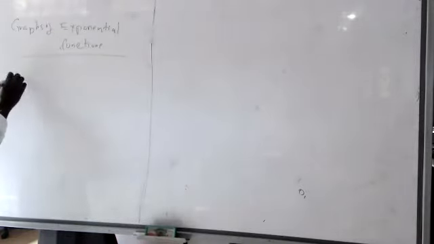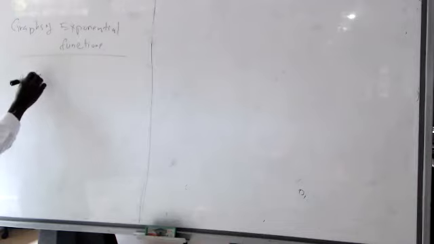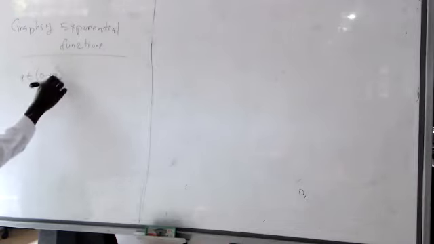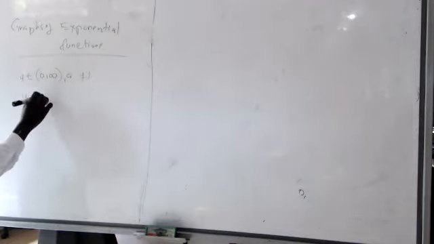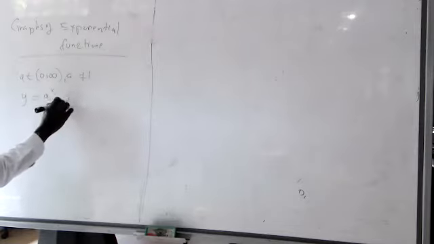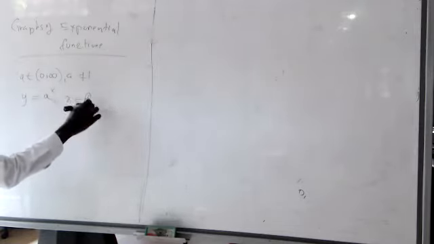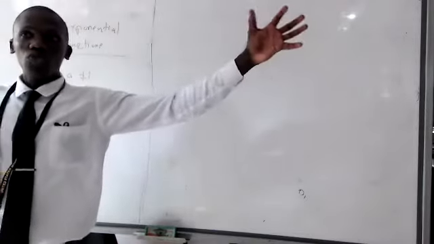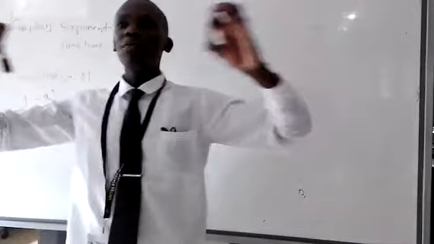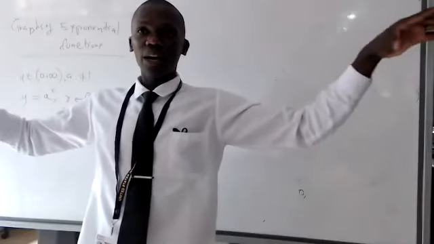So we defined, for any a in the interval 0 to infinity, a different from 1, the exponential function as y = a^x, where x is any real number. So the domain of this exponential function is the entire real line. You could use any number on the entire real line as an exponent.